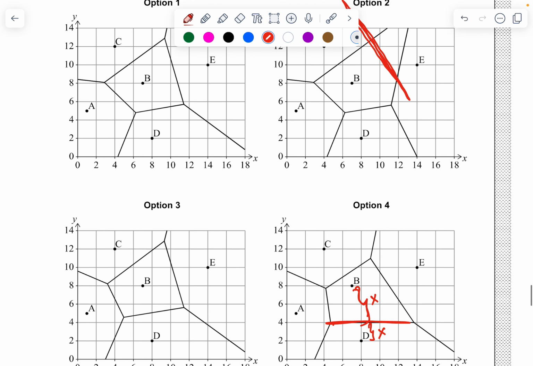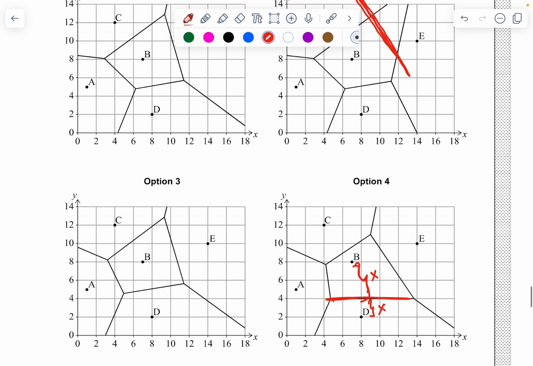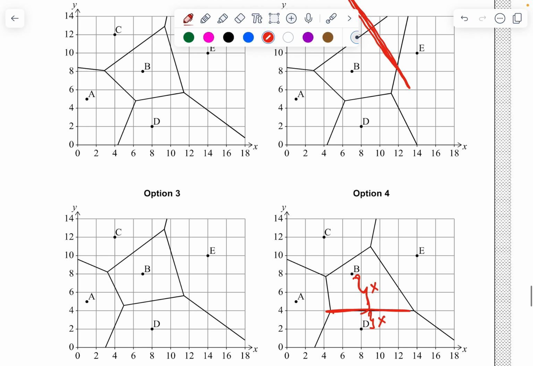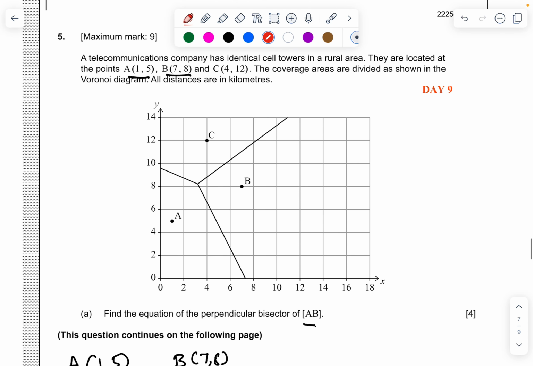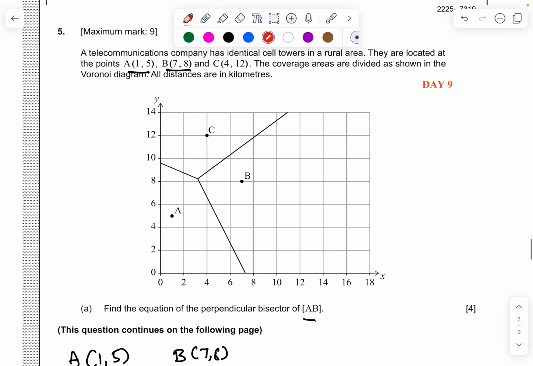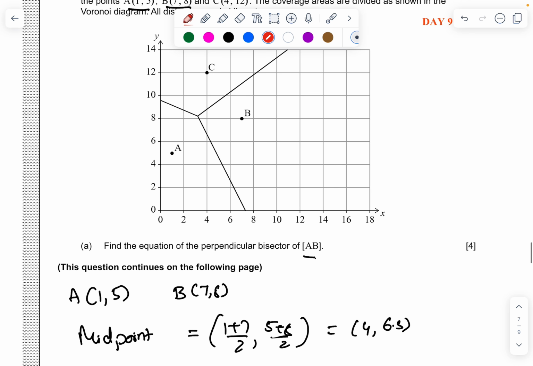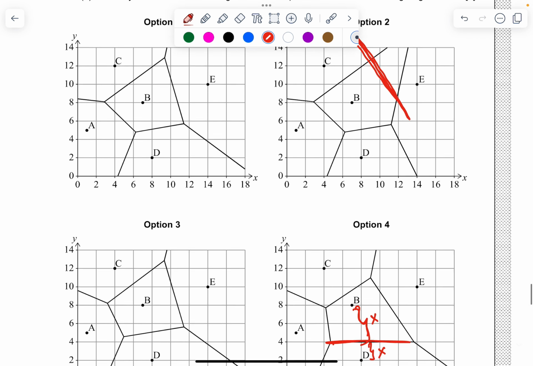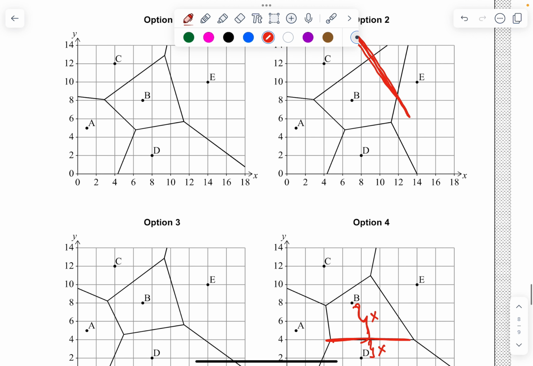So clearly we have to draw the perpendicular bisector for B to E and B to D. And the perpendicular bisectors for A to C, B to C and A to B are already drawn. 3 perpendicular bisectors are already drawn, but we can see that again this is also a wrong answer.